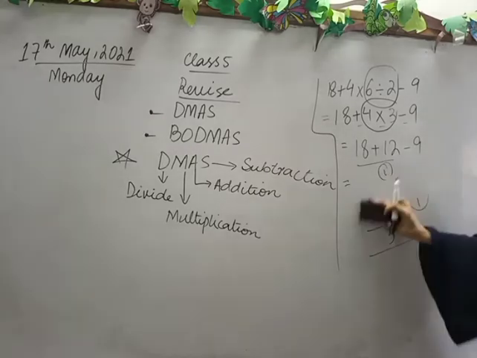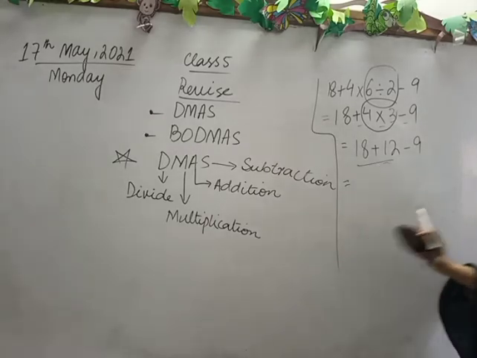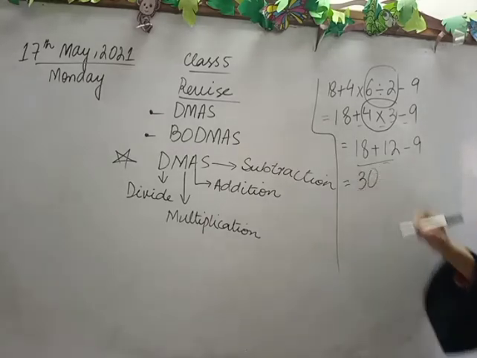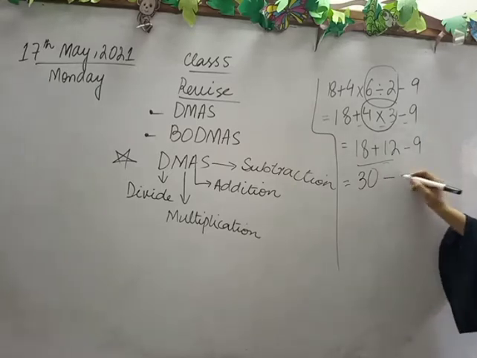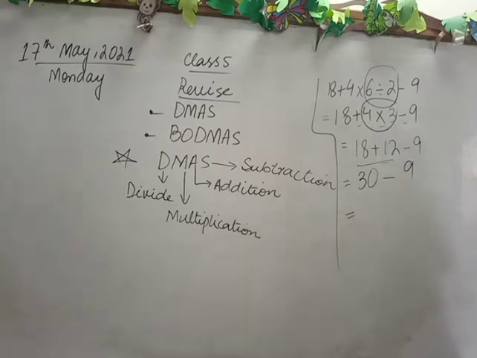So 18 plus 12 is 30. We will write 30 here. Minus 9. Clear है सबको? If we have a question in which all the operations are used, so what would we do? We will first solve division portion, then multiplication, then addition and then subtraction. Fine?